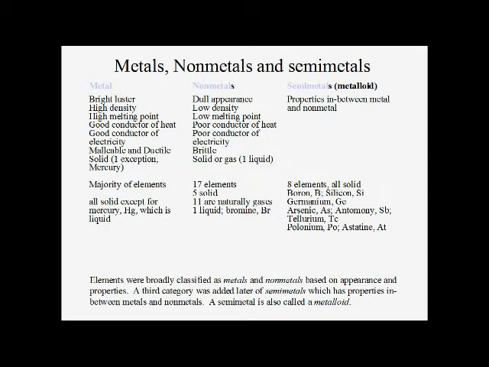So our air is mostly nitrogen, a nonmetal, oxygen, a nonmetal, then it has traces of argon, a nonmetal, and then some other compounds. The nonmetals tend to be poor conductors of heat or electricity.